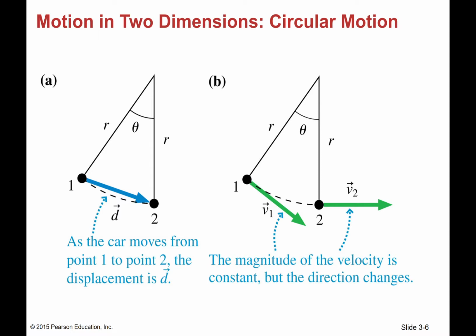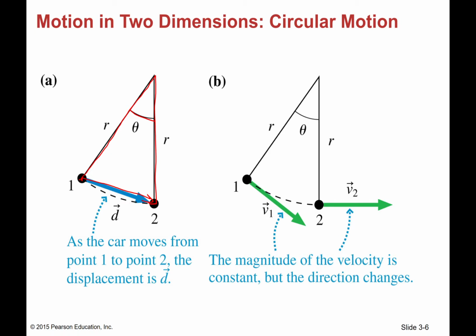So let's understand a little bit about acceleration. Here we have a circular motion, and the object moves from 1 to 2 along this circular path, and it's going to continue moving. This is a big circle. The displacement vector that goes from 1 to 2 is this blue vector here, and it forms a triangle with an angle theta.